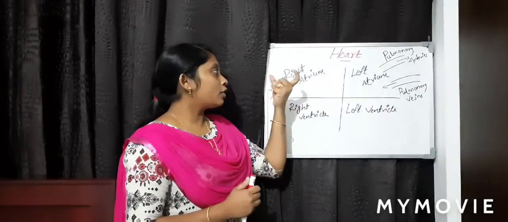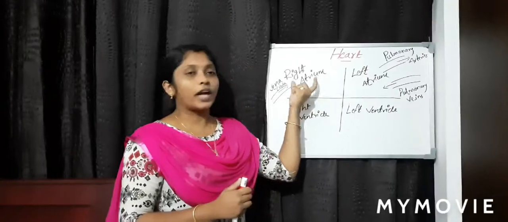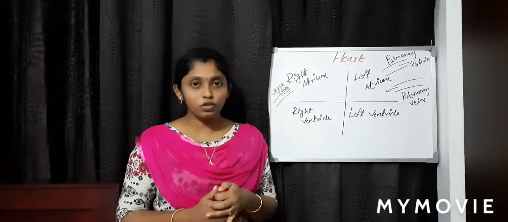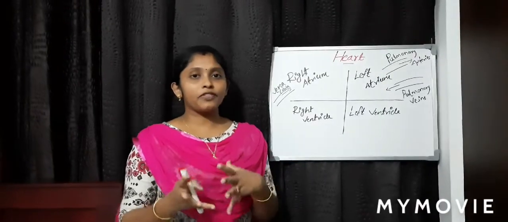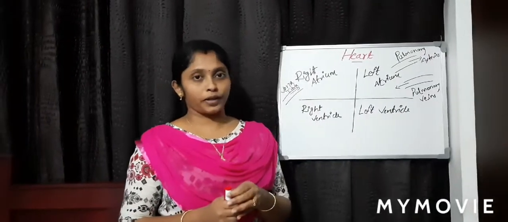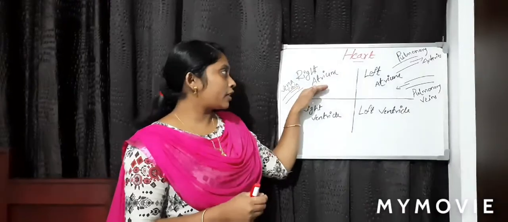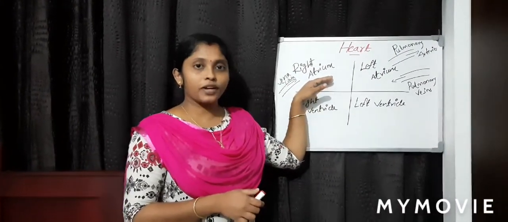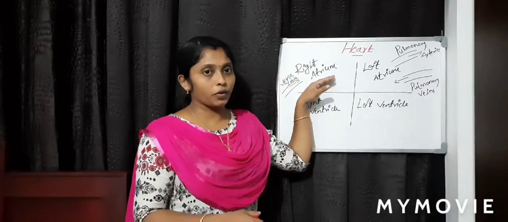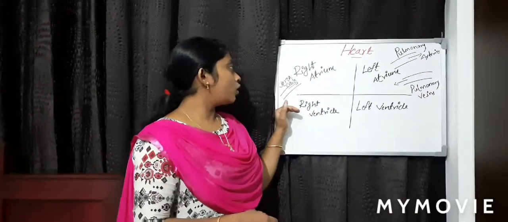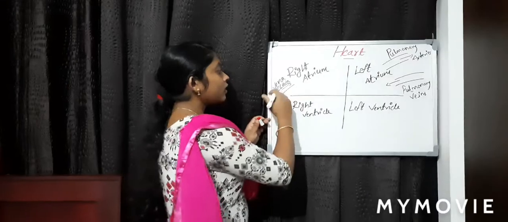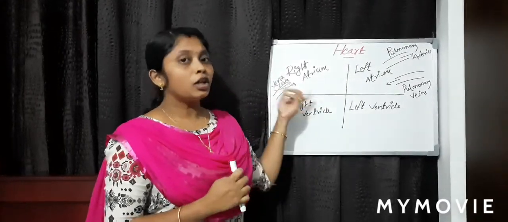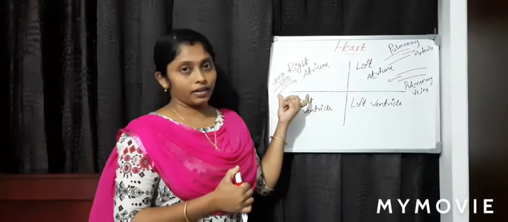The right atrium receives contaminated or deoxygenated blood coming from the different parts of our body through the vein called vena cava.